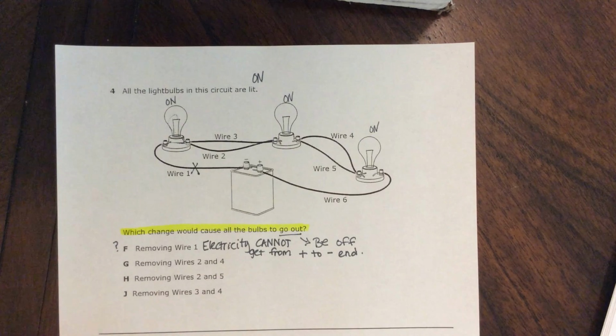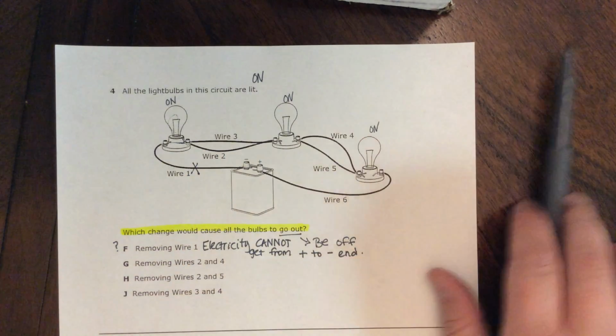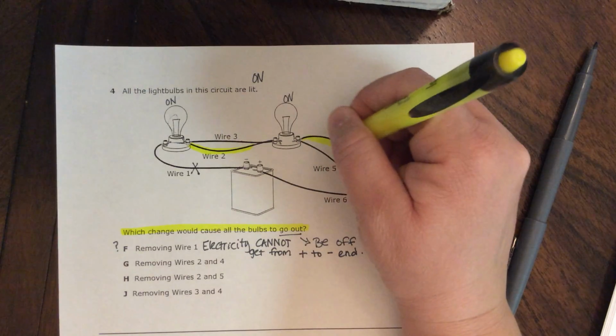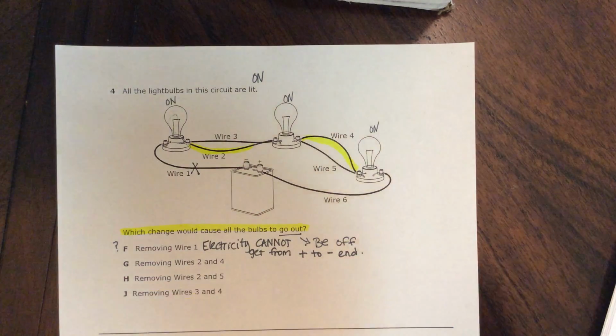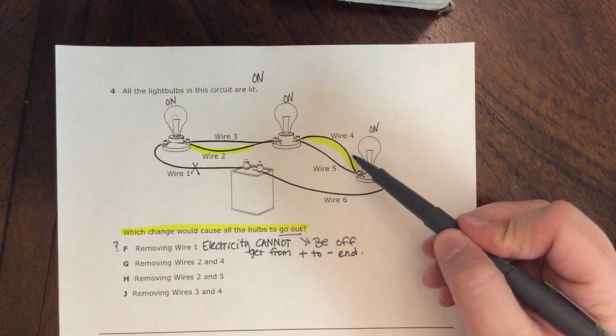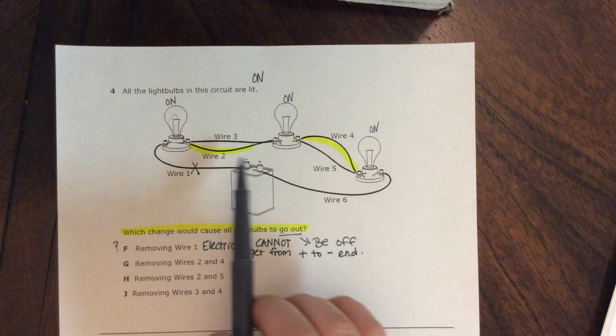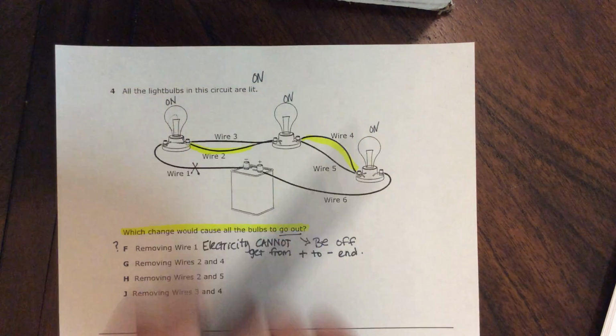But we always have to make sure that we are going and checking all of these answer choices. Let's look at G, removing wires 2 and 4. So if we remove this wire right here, take this one out, and take this one out, well, if you look, these two wires are really serving the same purpose. They're connecting this light bulb to this light bulb. And these two wires are both connecting this light bulb to this light bulb.